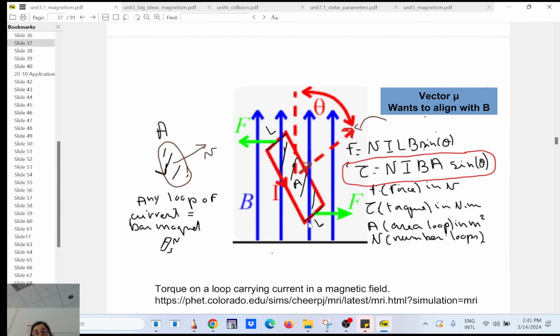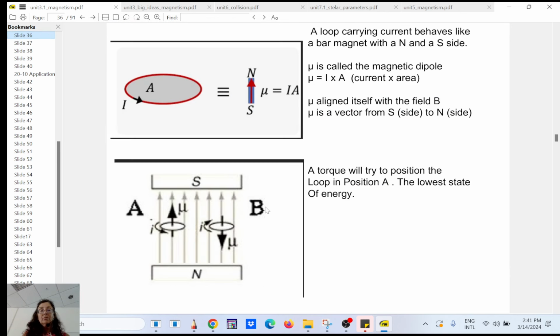Okay, so let me ask you something here. First of all, a conceptual question, easy, typical for test 3. In which position will the hydrogen nucleus have its lower potential energy, or lower energy state? Is it A or B?